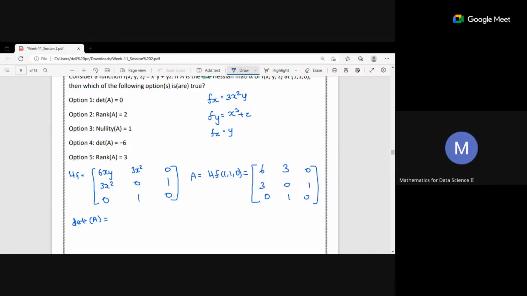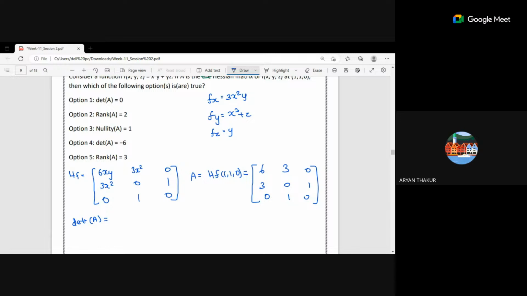What is the determinant of this matrix? Minus 6. What is the determinant?